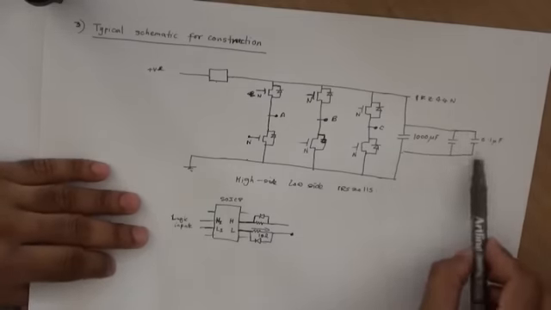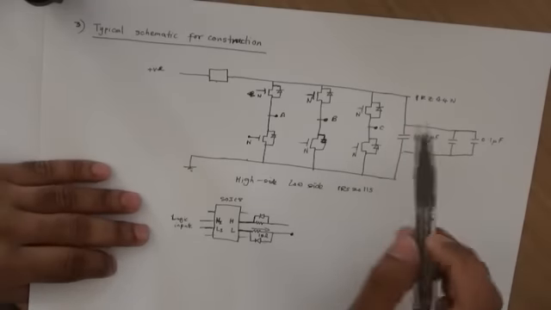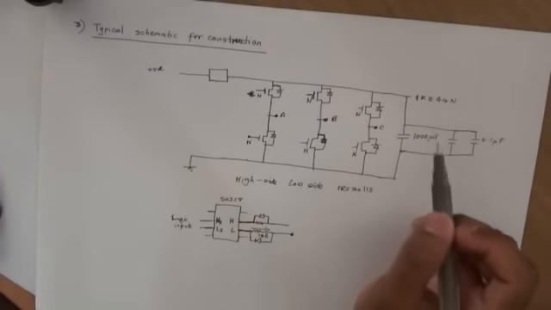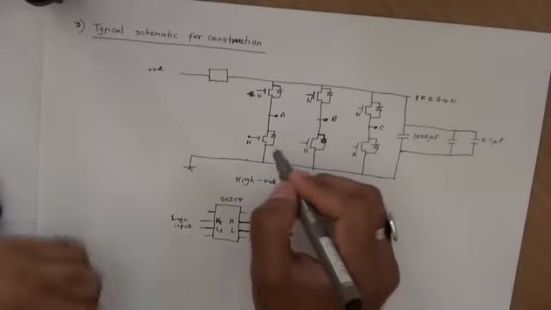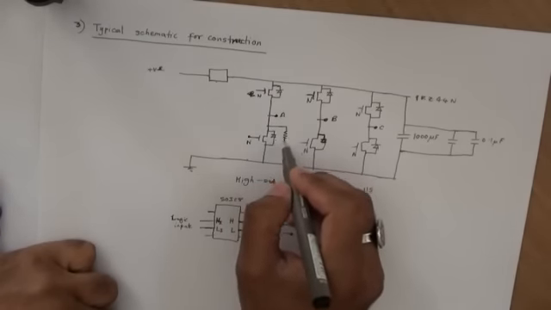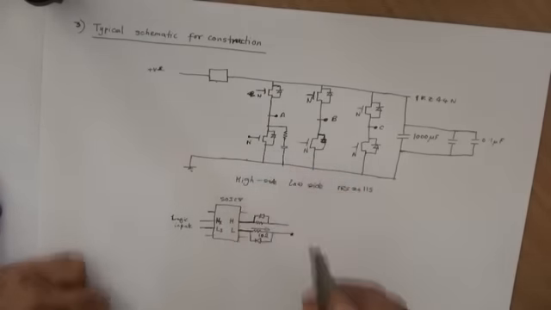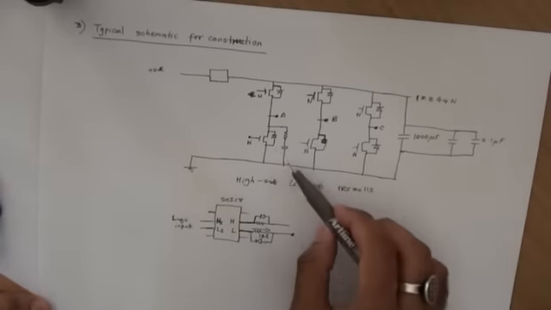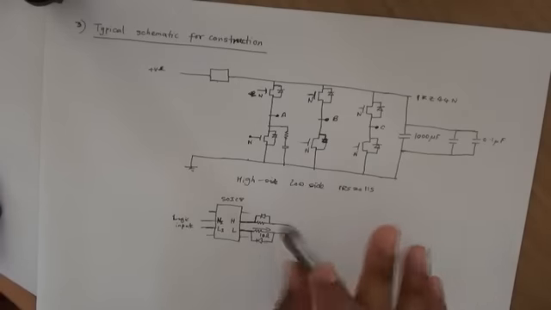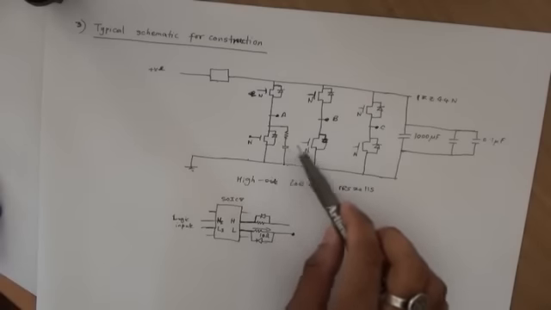You may want to have them very close to the MOSFETs, and a really good design, like a controller that's been well designed, will also have some sort of snubber across the MOSFETs. I don't want to discuss the snubber circuits. That's beyond the scope of this video. If you're interested, you can Google them and come up with a lot of reading materials. But for a typical RC application, I would say you don't really need to consider them.